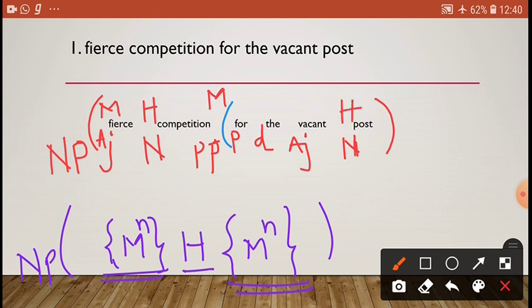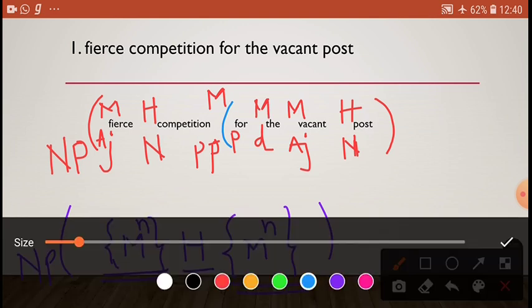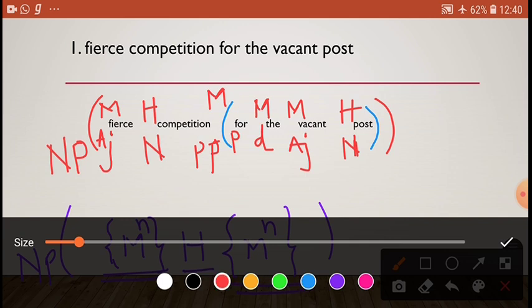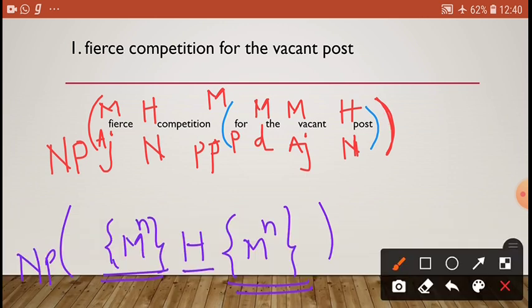So, head, and these are the modifiers, okay. Now, this prepositional phrase ends here. You have to give the bracket to that also, okay. Prepositional phrase ends here and our noun phrase ends here. So, this is the closing bracket for the noun phrase.